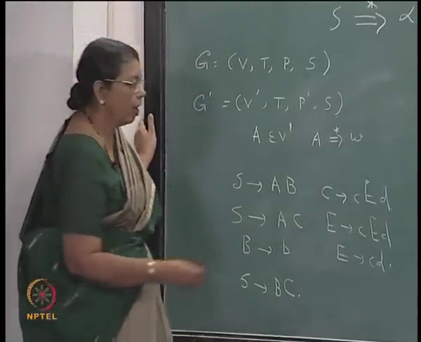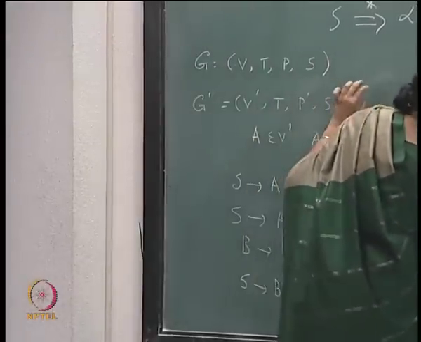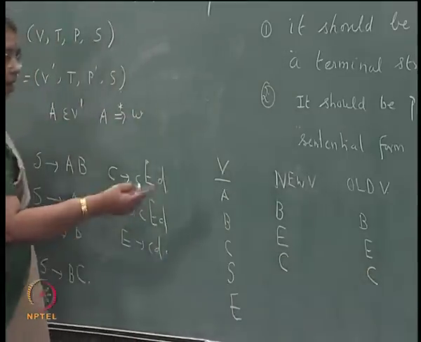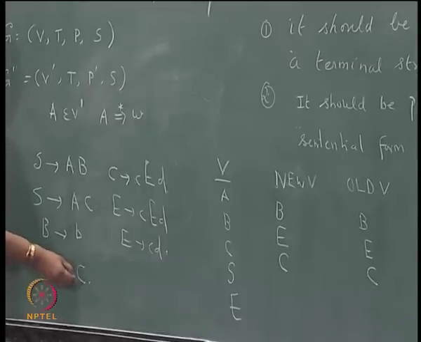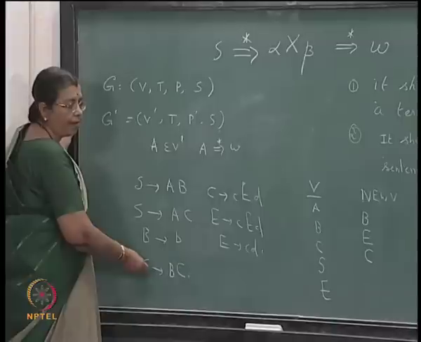And next stage old V becomes equal to new V, and for new V, try to find out whether there is a right hand side which involves terminals and B, E, C. Look at this one, this has B and C on the right hand side. So, S is on the left hand side.